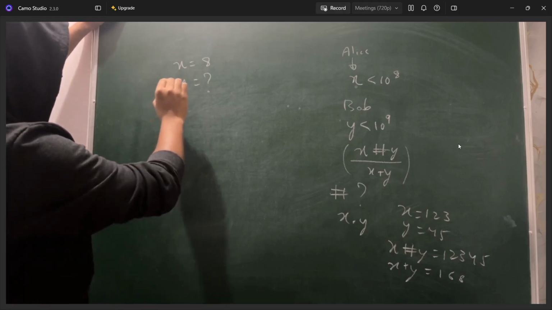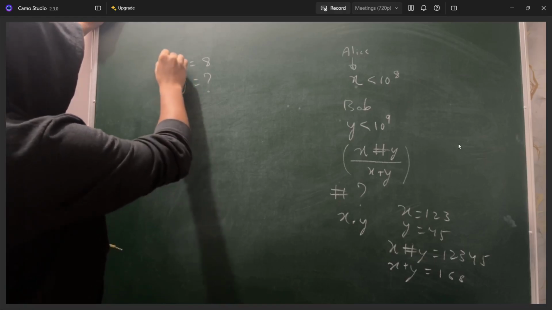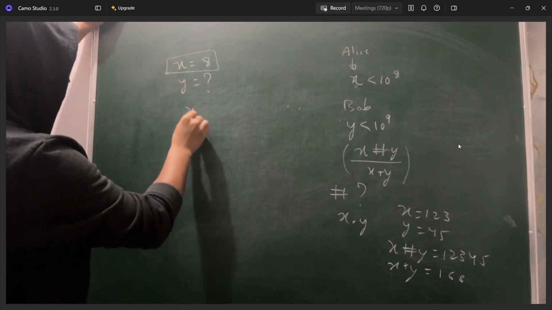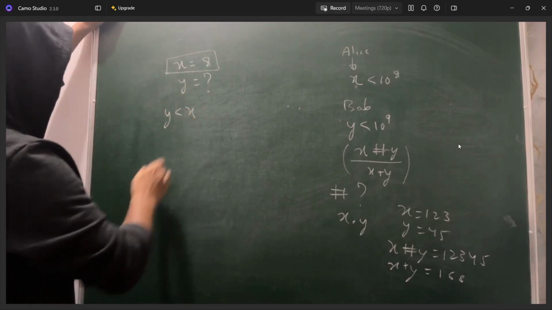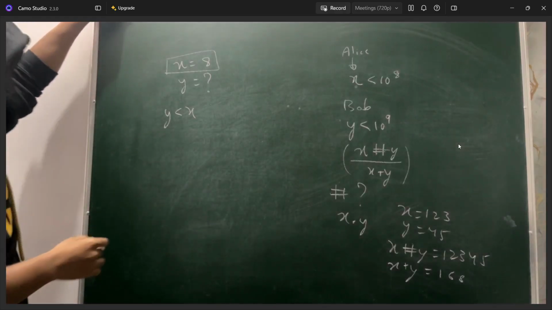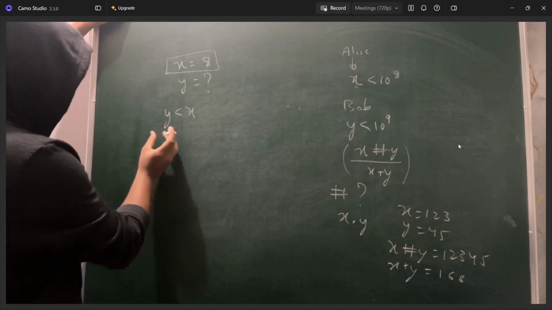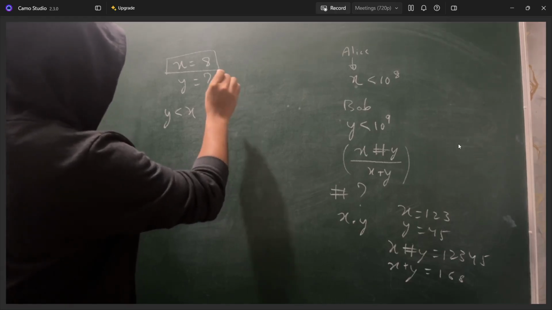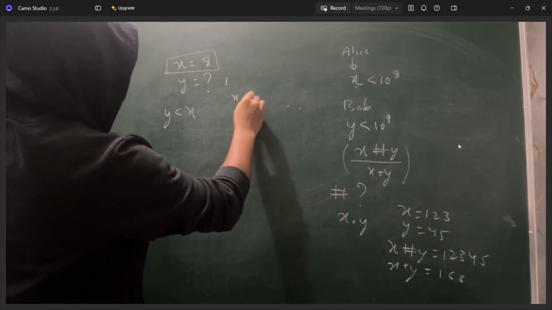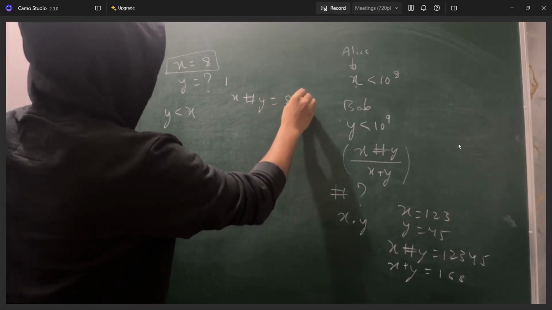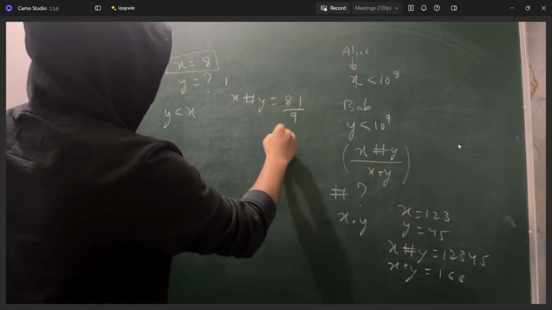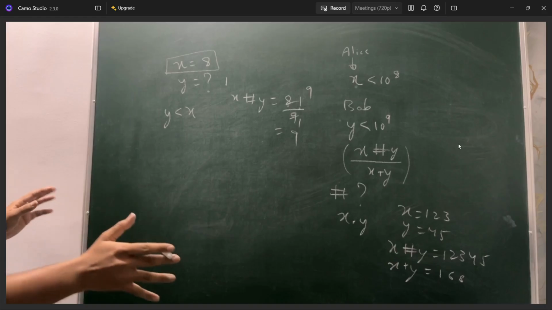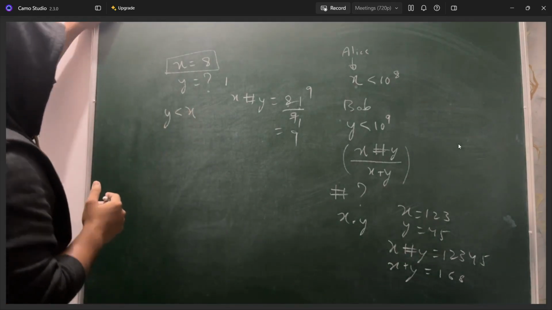For the given x, I saw in the answers that y was less than x. For this example, y can be 1. Then x#y is 81, divided by 8 plus 1, which is 9. Nine nines are 81, so it is perfectly divisible.